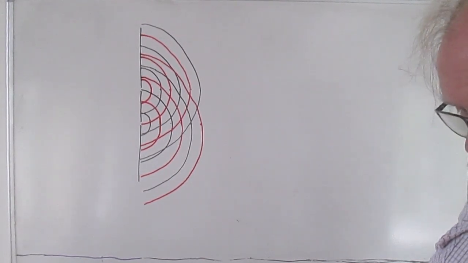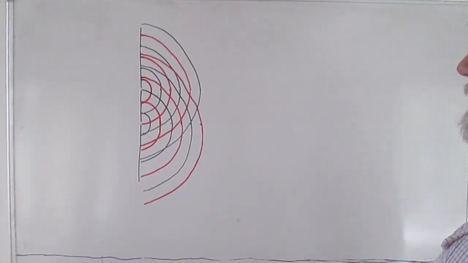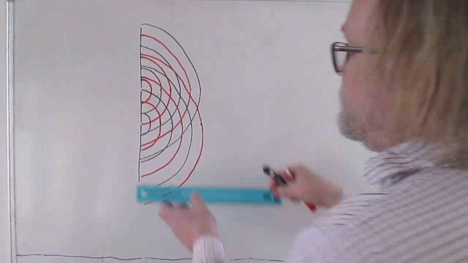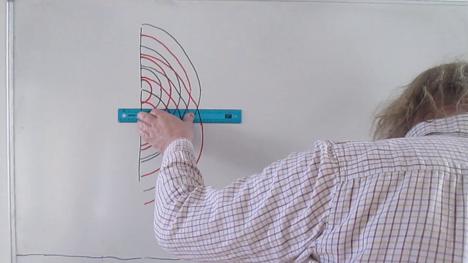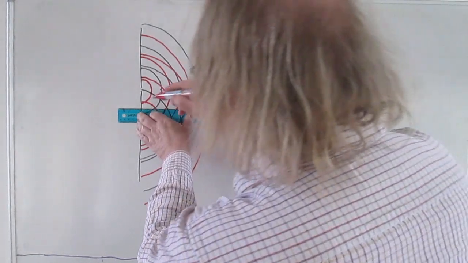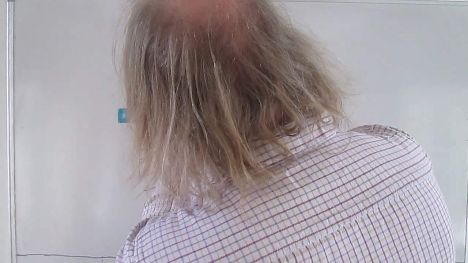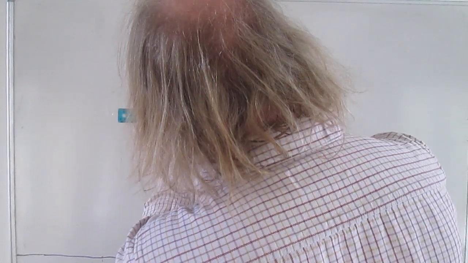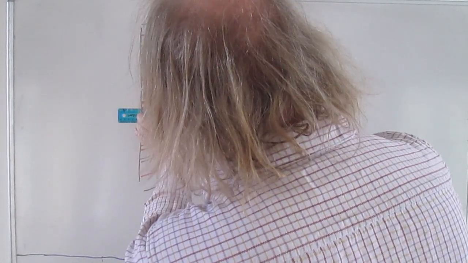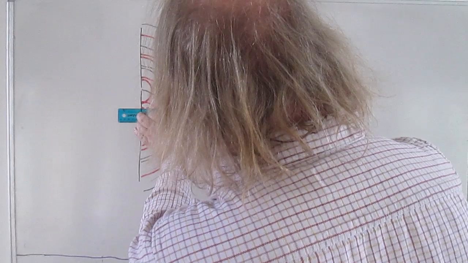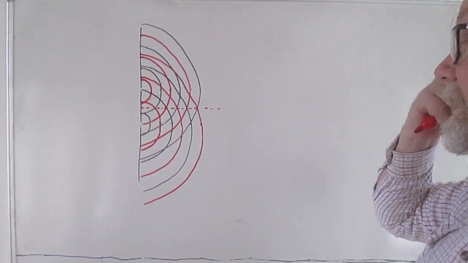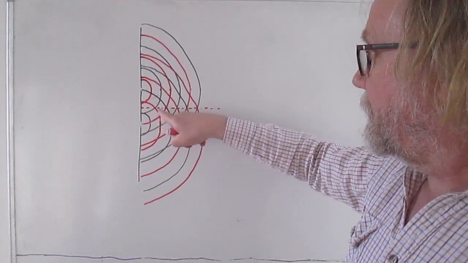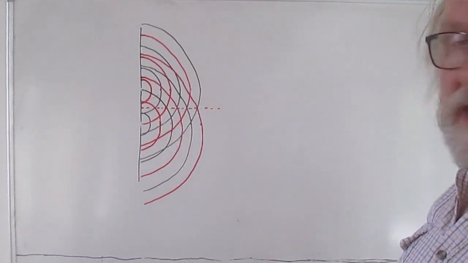But if we look at what that does to the diffraction pattern, if we do this midpoint line as we did before and look along the line there, remember that was where we got our central bright fringe when we had the two sources completely in phase. Now you can see that we have destructive interference all the way along that line.